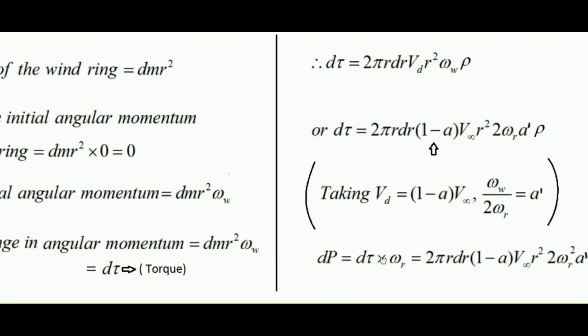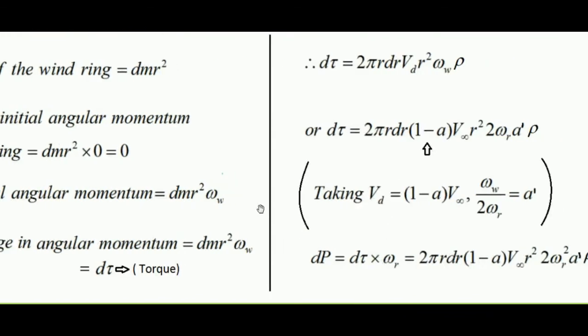This is the torque. Now furthermore, in place of this dm, what we can write is the area of that thin ring, that is 2 pi r dr, into the wind velocity over there, that is Vd. So Vd into 2 pi r dr is the volume flow rate, into the density of the wind will give the mass flow rate. So in place of this dm I can write this. Okay, r square omega is still over there.